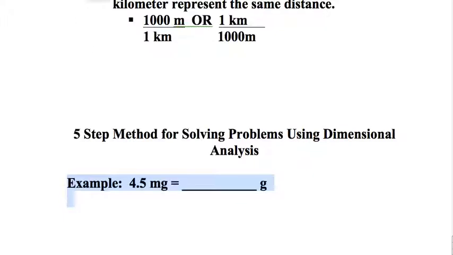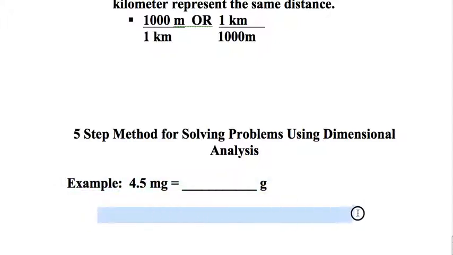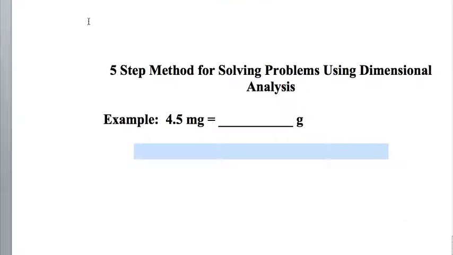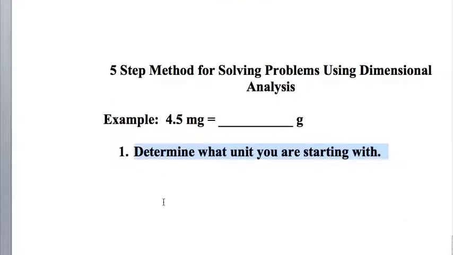We're going to start with an example. We want to know how many grams are equivalent to 4.5 milligrams. The first thing we're going to do is determine what unit we are starting with. That's what we know, and we know we are starting with milligrams.